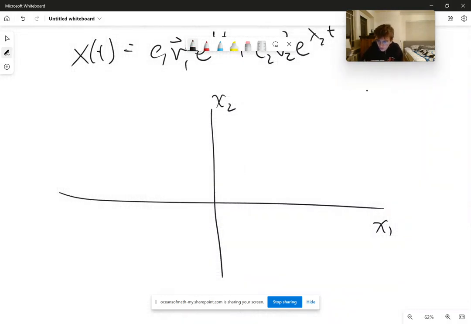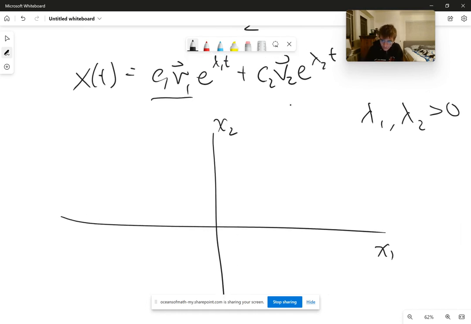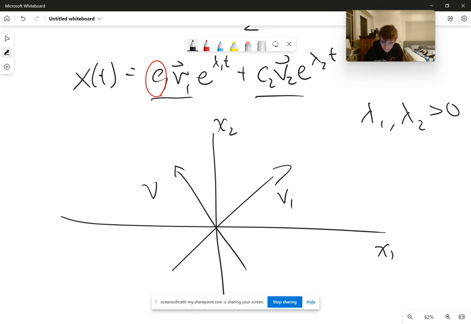If we have two eigenvalues that are positive, then first of all, if I start on any of these eigenvectors, the other constant is 0. So let's plot v1 and v2. Let's say this is v1 and here's v2.